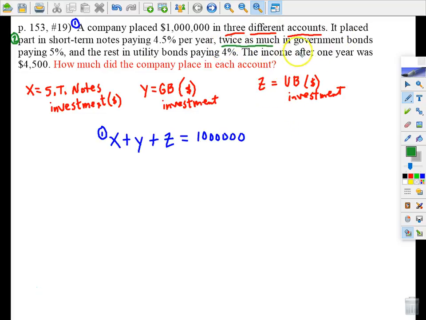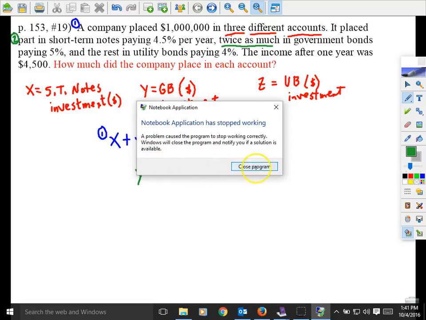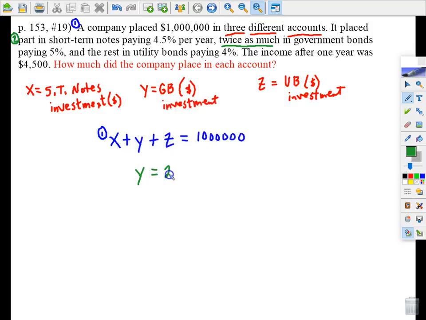So in other words, my government bonds investment, which is Y, should be 2 times whatever the short-term notes investment was. Y is the same as 2X. So that's equation 2.